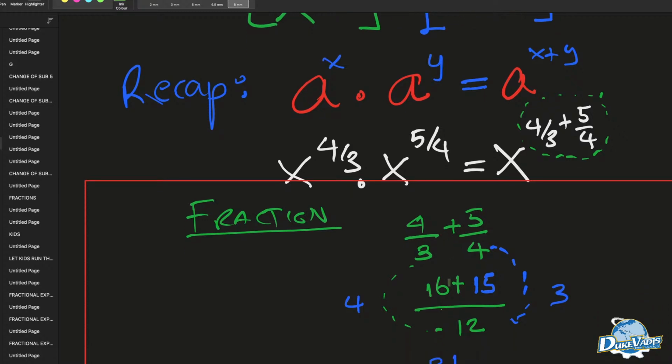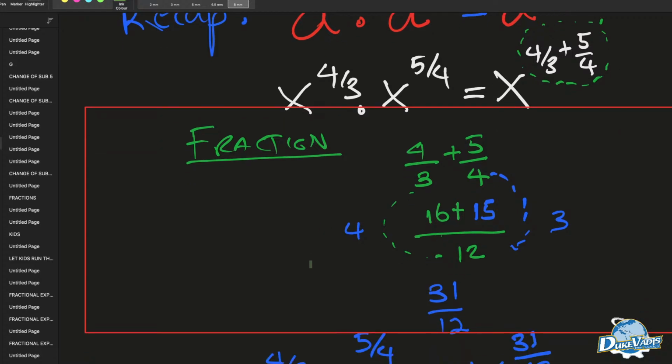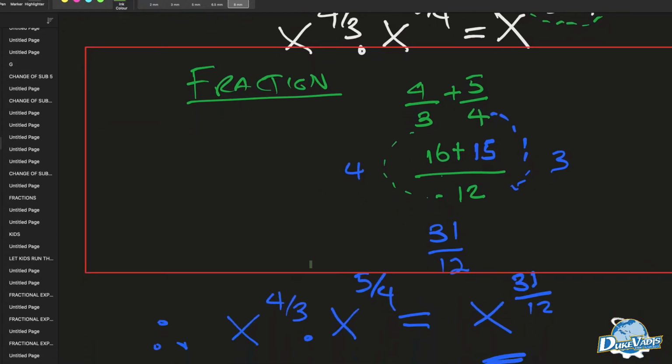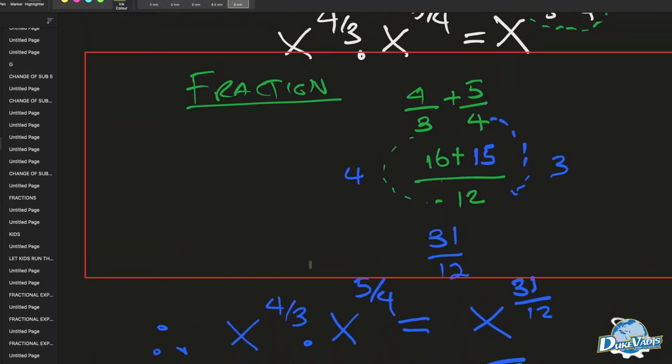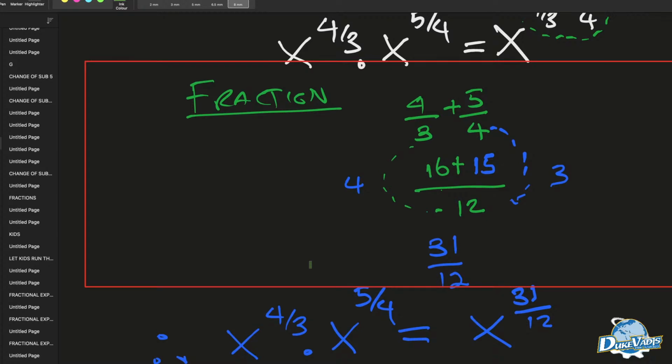Here we apply the fractions we learned from the lower stages of our education. So 4 over 3 plus 5 over 4. We know we have to find the lowest common multiple, LCM. That will be 3 times 4, which is 12 over here.